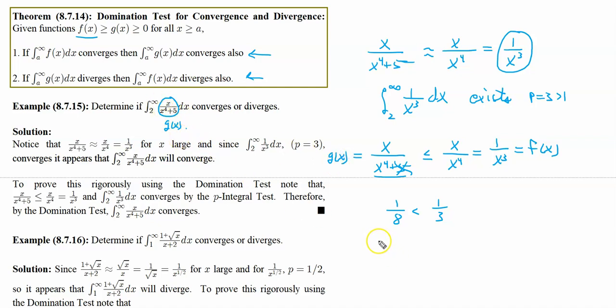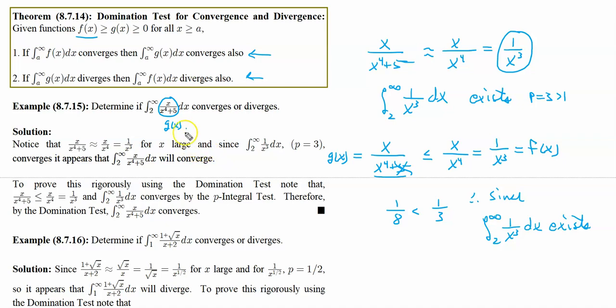And so therefore, we can say that since this is our f, the integral from 2 to infinity of 1 over x cubed dx exists, so does this. And we're finished.